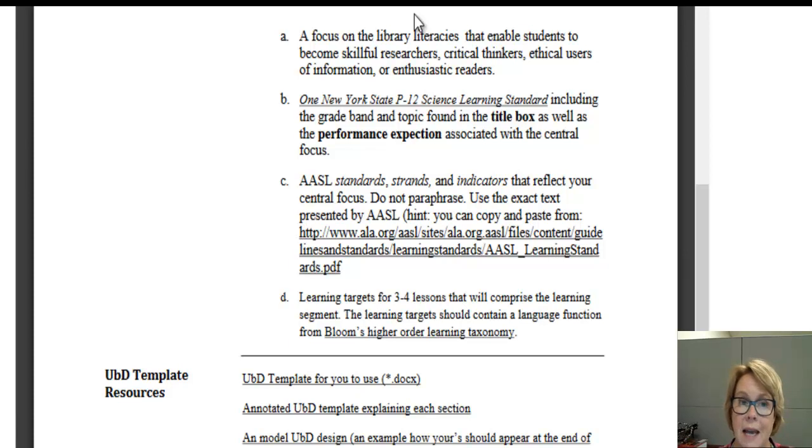And Bloom's taxonomy is a hierarchy of levels of learning. And the higher up you go in the hierarchy, the deeper and more meaningful the learning is. So I have a link here to Bloom's taxonomy, and I want you to focus on those higher levels of learning.